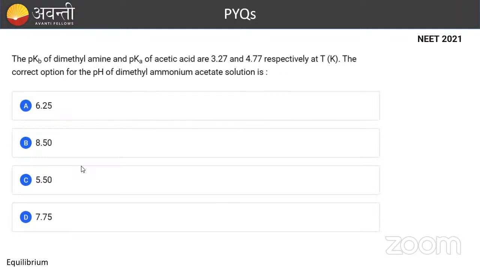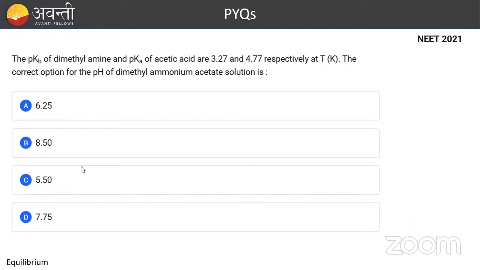The question says the pKb of dimethylamine and pKa of acetic acid are 3.27 and 4.77 respectively at temperature. The correct option for the pH of dimethyl ammonium acetate solution is.